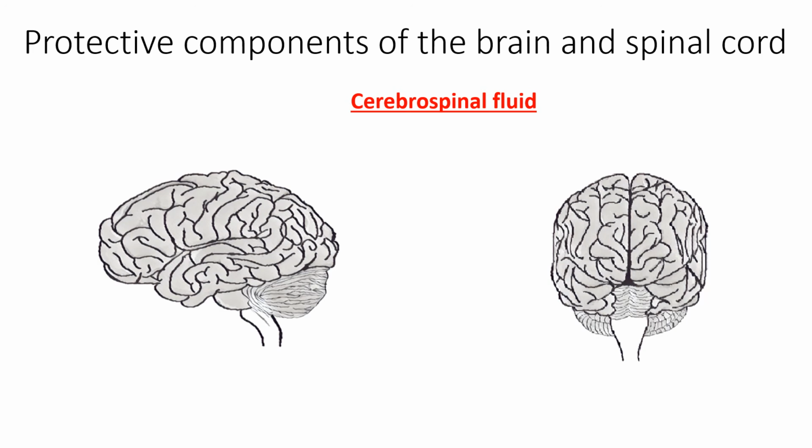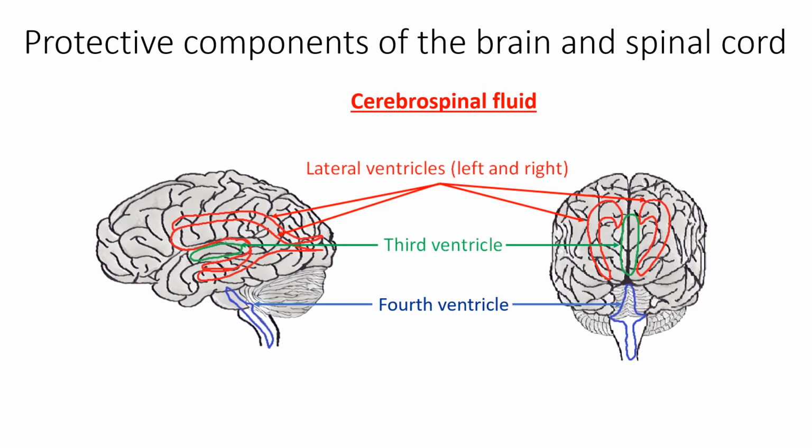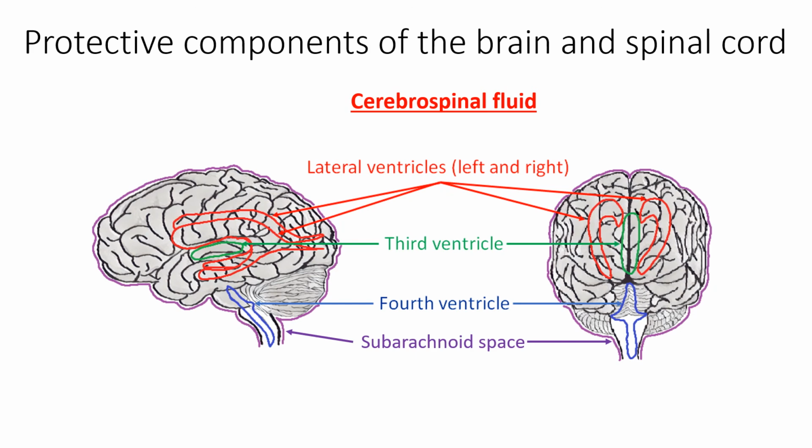It is produced from components extracted from the blood by choroid plexus in 4 ventricles of the brain, specifically the left and right lateral ventricle, 3rd ventricle, and 4th ventricle. It then flows through subarachnoid space around all of the central nervous system, providing 2 important functions.